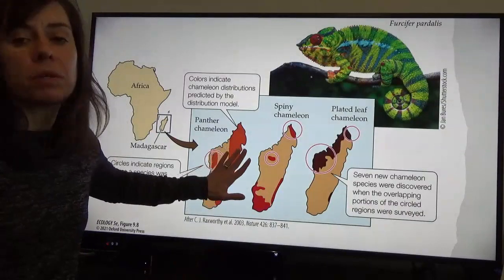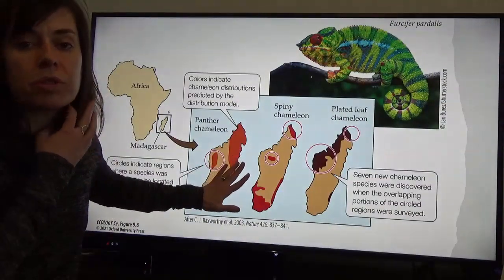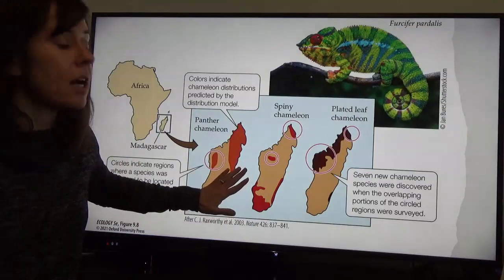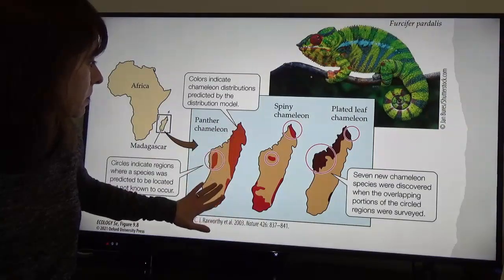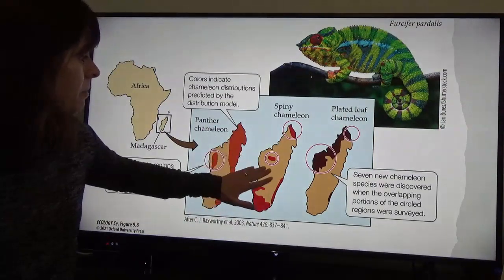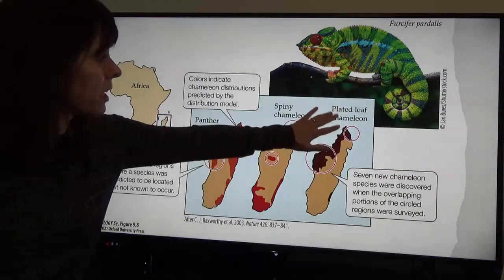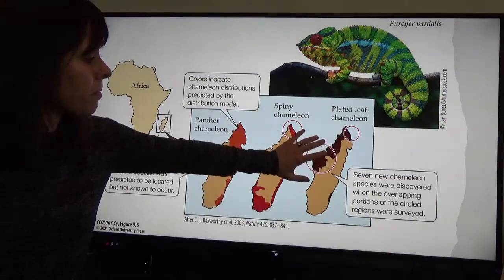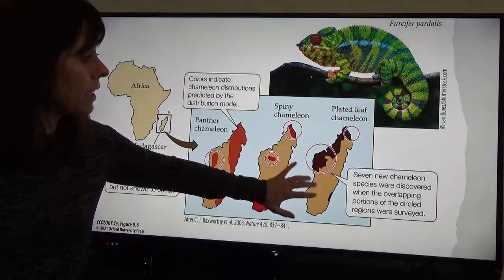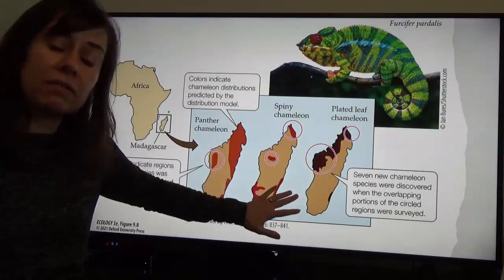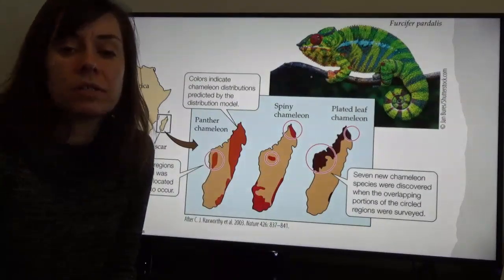Okay, so this can be an incredibly valuable tool when we're thinking about conservation planning and range management planning for different species. For the spiny chameleon and the plated leaf chameleon, these circles represent the same thing. Lots of new areas were identified for each of these species where the species was not known to occur previously.